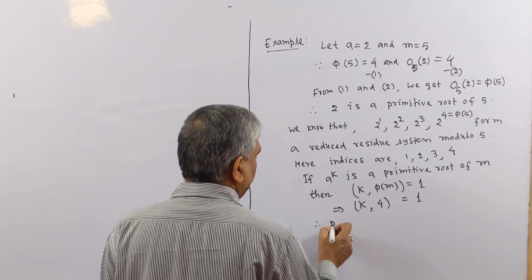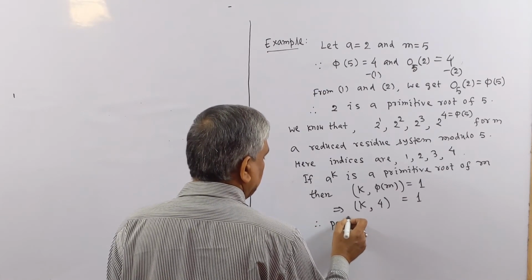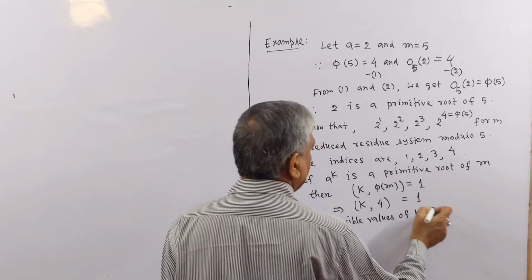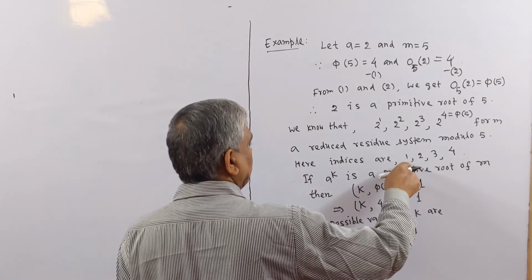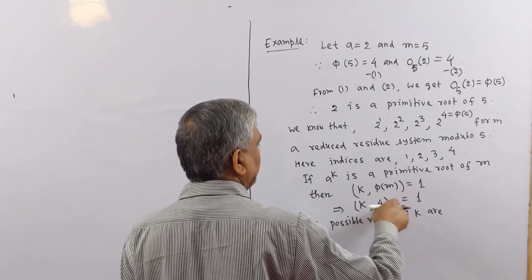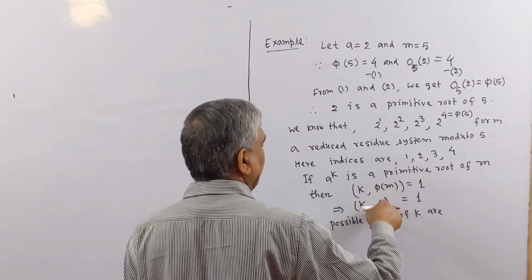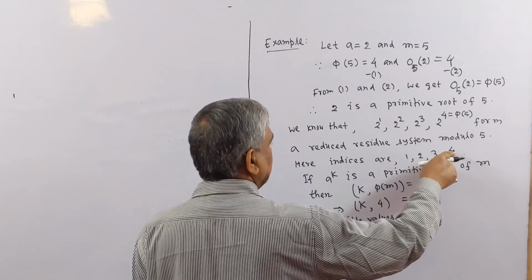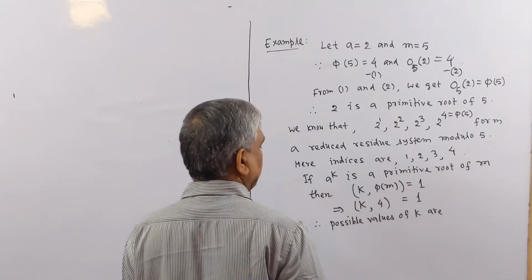Therefore, possible values of k are: here GCD of 1 and 4 is 1, GCD of 2 and 4 is 2, GCD of 3 and 4 is 1, GCD of 4 and 4 is 4.